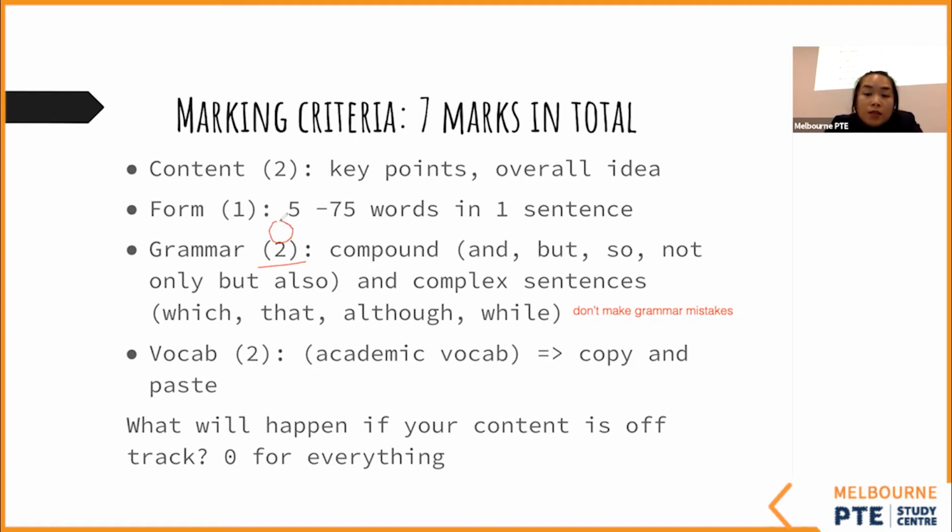That's why I'm saying every single mistake you make is counted in your exam. So I end up with 0 for my grammar because I'm trying to use that? It doesn't make sense. If I use compound sentences, like using and or but, so, at least I get marks for my grammar because I know it very well. So don't make grammar mistakes.